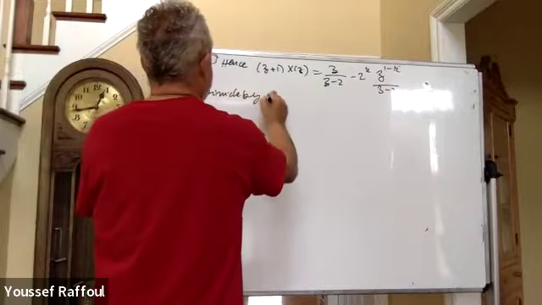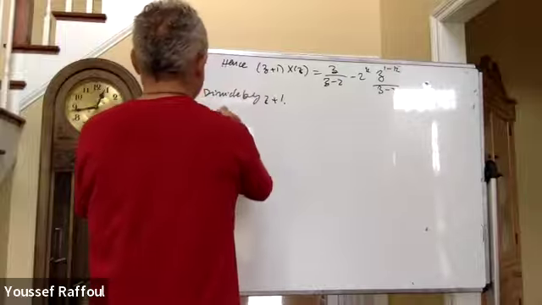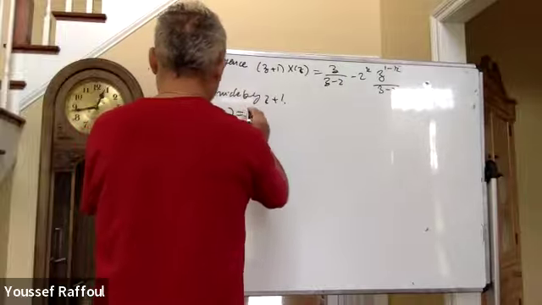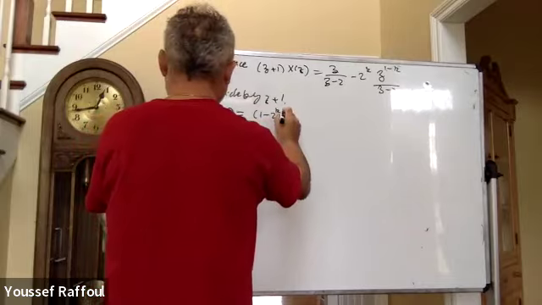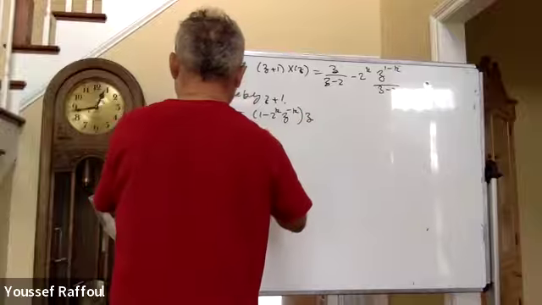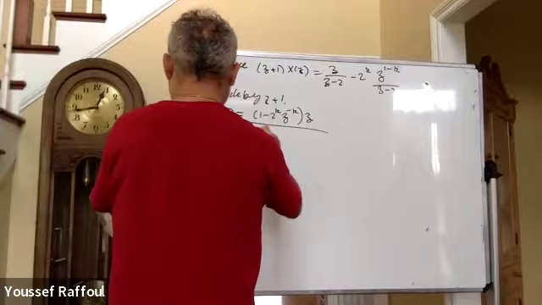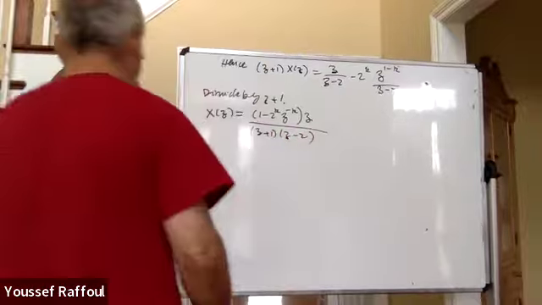Divide by z plus 1, and then we'll get X(z) equal to (1 minus 2 to the k z to the minus k) times z over (z plus 1)(z minus 2).